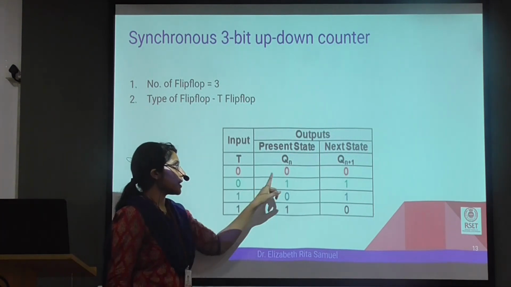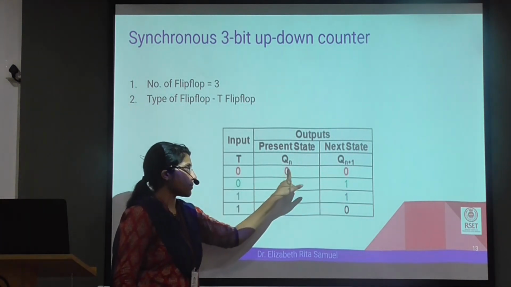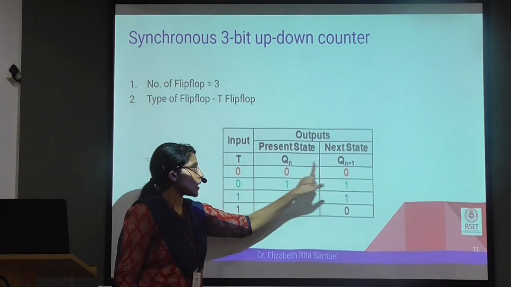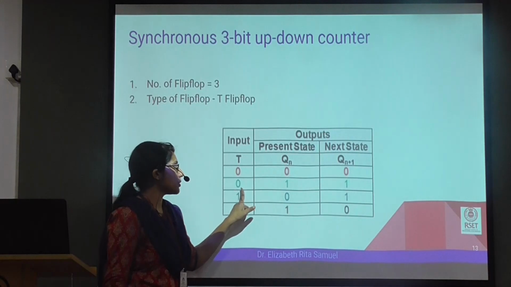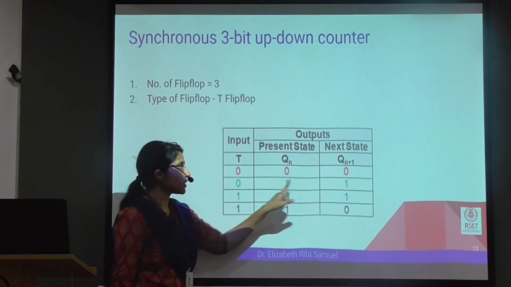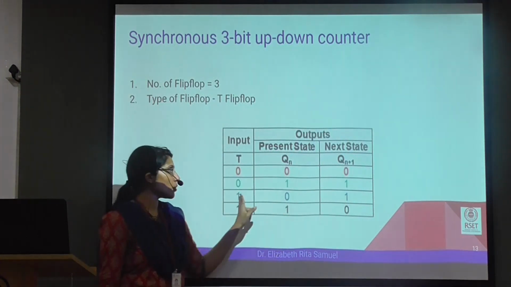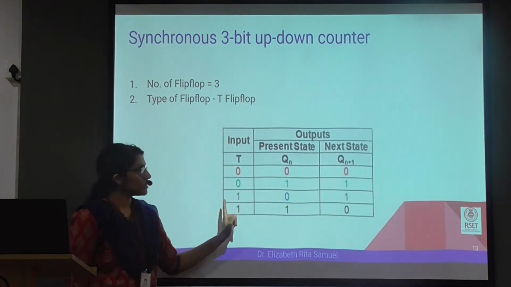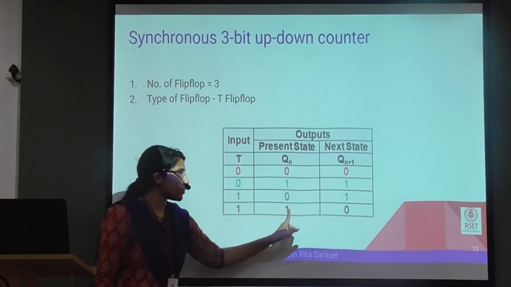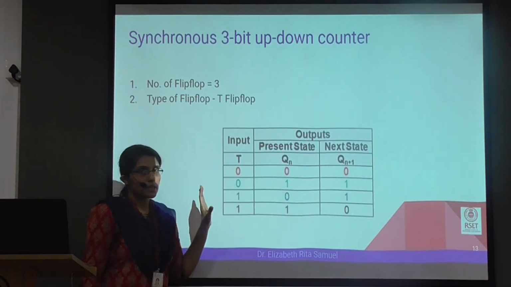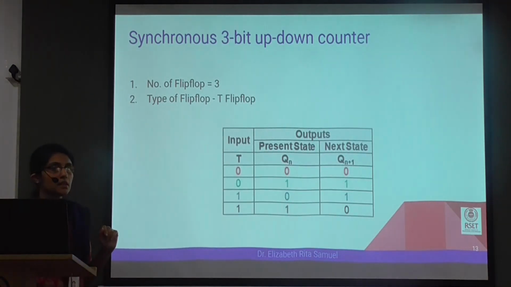So likewise, when the next value is same as previous, our T is 0. Our next value is 1, our previous was 1, so our T is 0. Similarly, when our next is 1 and our previous was 0, our input is 1. And when our next is 0 and our previous is 1, we have a toggling effect, so our T is 1. So with this in mind, we are going to design our transition table.